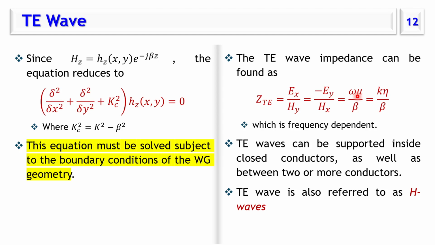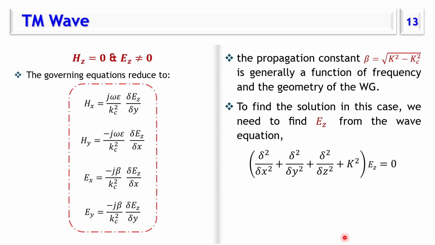The transverse electric wave can be supported inside a closed conductor as well as between two or more conductors. So hollow waveguides, like rectangular waveguide and circular waveguide, can hold transverse electric waves. Some people call it by a less common name, which is H waves.